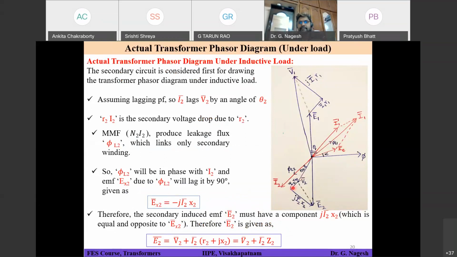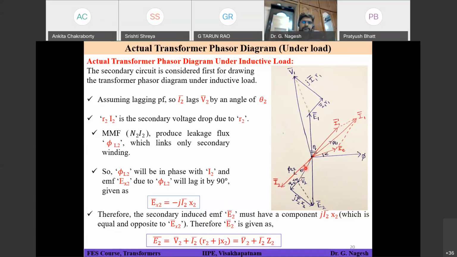We have already discussed this for an ideal transformer. The secondary terminal voltage V2 will be there, and if you assume an inductive load connected across the secondary terminals, you will have a secondary current I2 with a phase angle lag of theta 2.